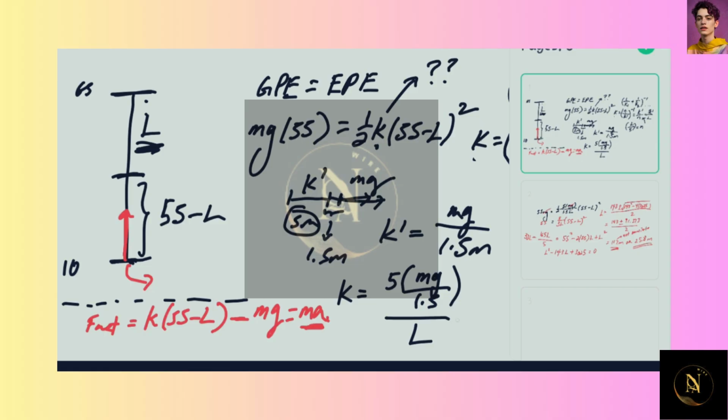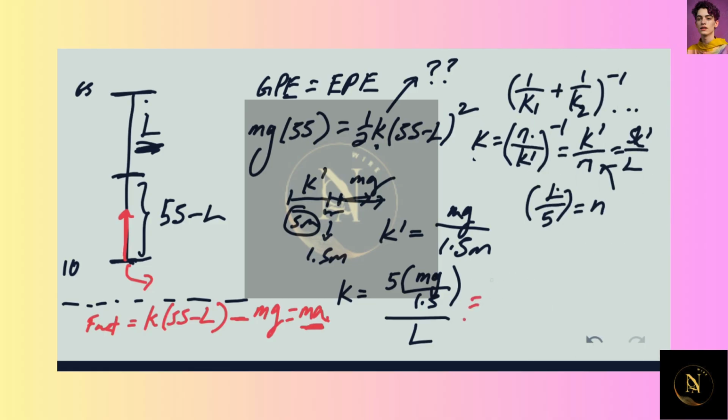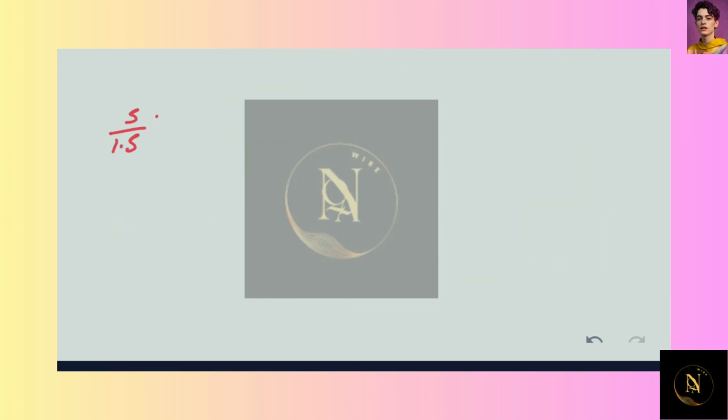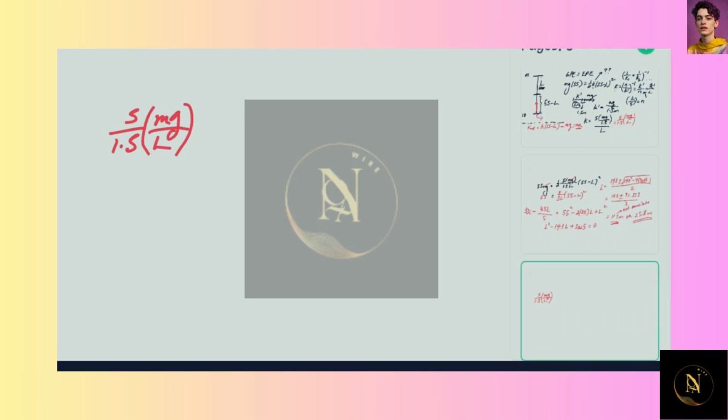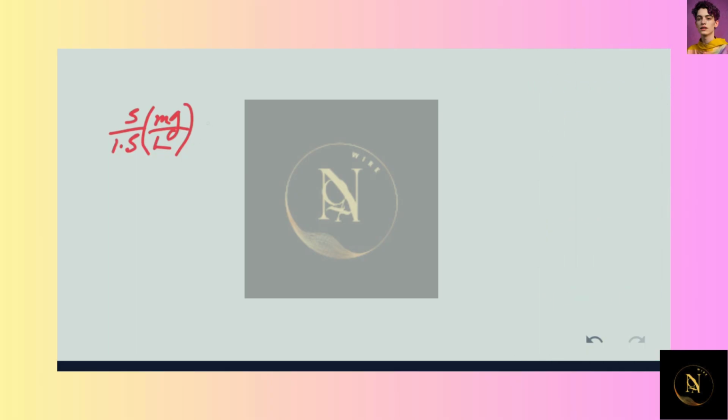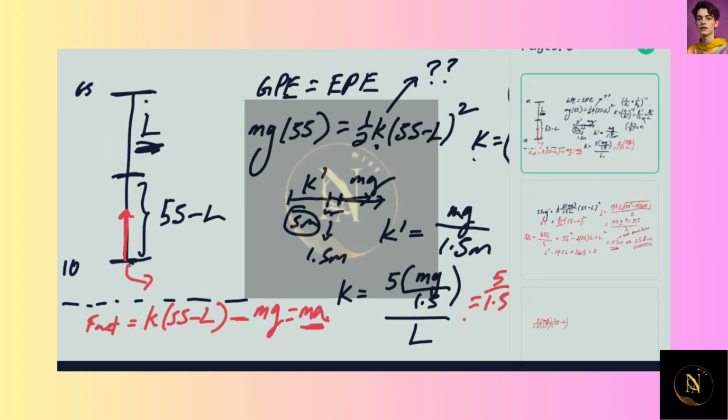Remember that our k is 5 over 1.5 times mg over L. Multiply by 55 minus L, and then we still have to minus mg, and equate this to the net acceleration.